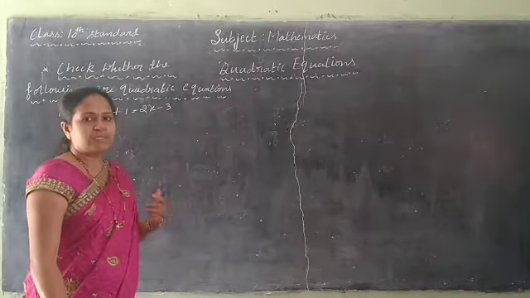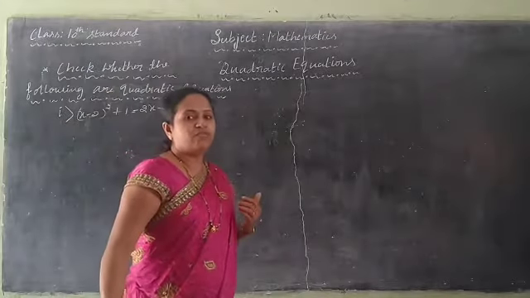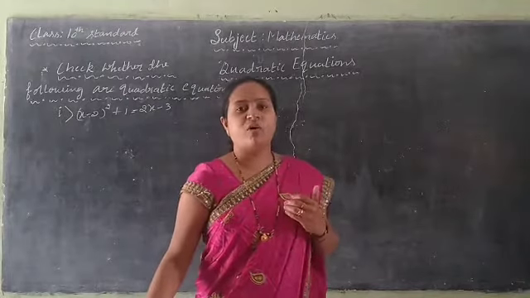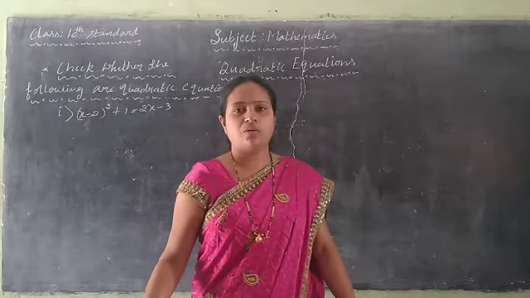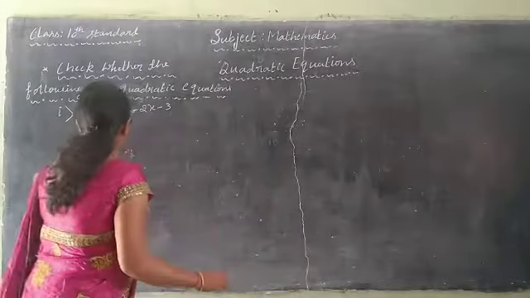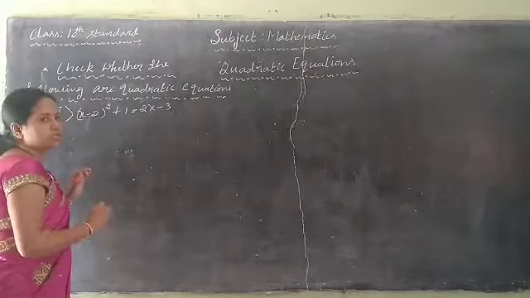First we have to solve this equation. At the end we have to check whether it is in the form of ax square plus bx plus c is equal to 0 or not. Okay? See this, x minus 2 whole square, children.